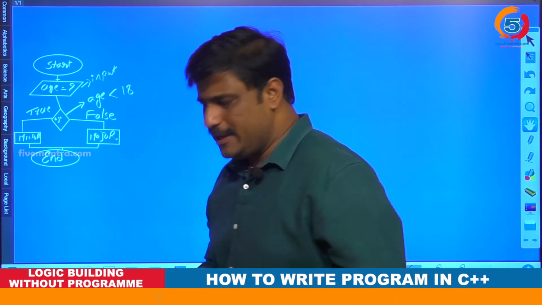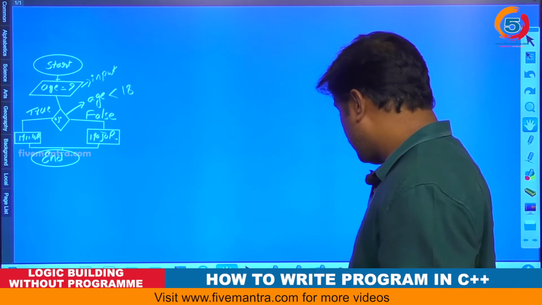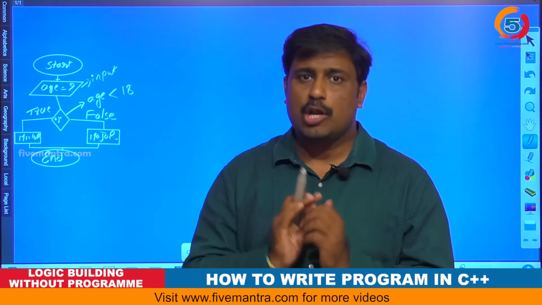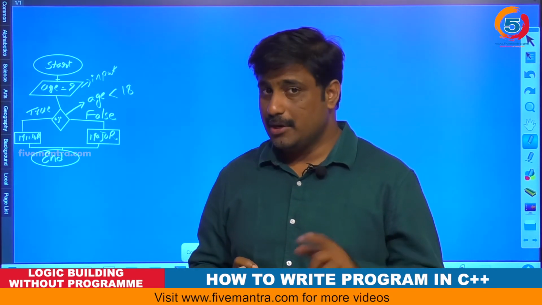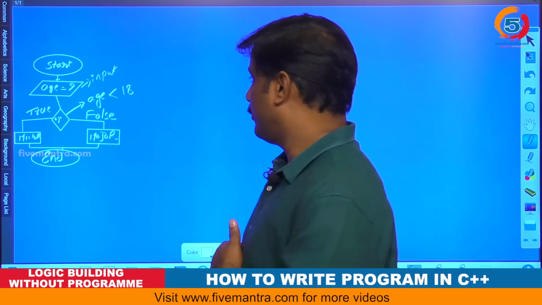So when you want to write a program in C++, okay, first of all you have to depend on header files or library files. C and C++ have standard library files. Now what we are doing is we will include the library files, and after that we'll write the program.